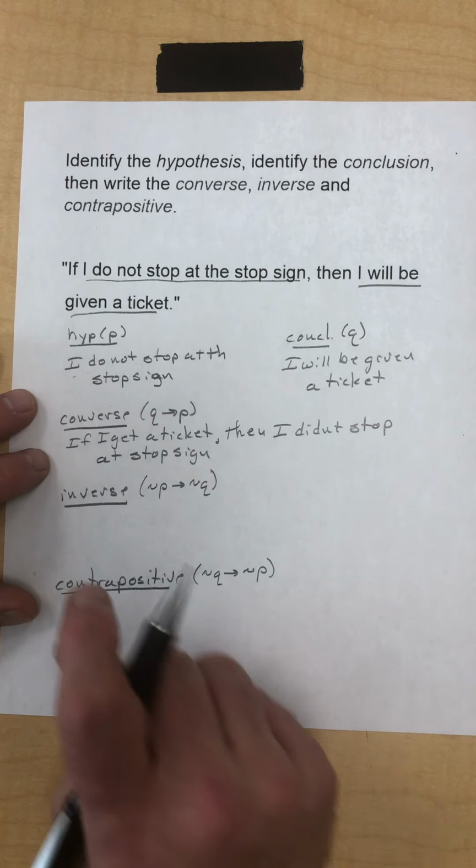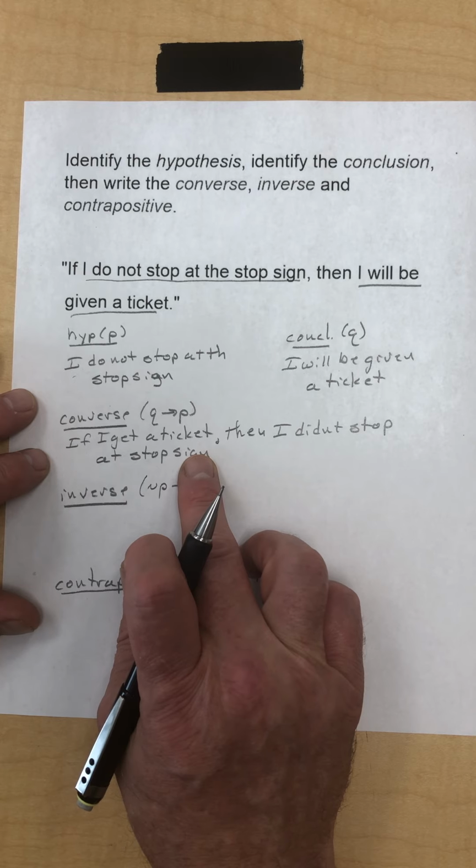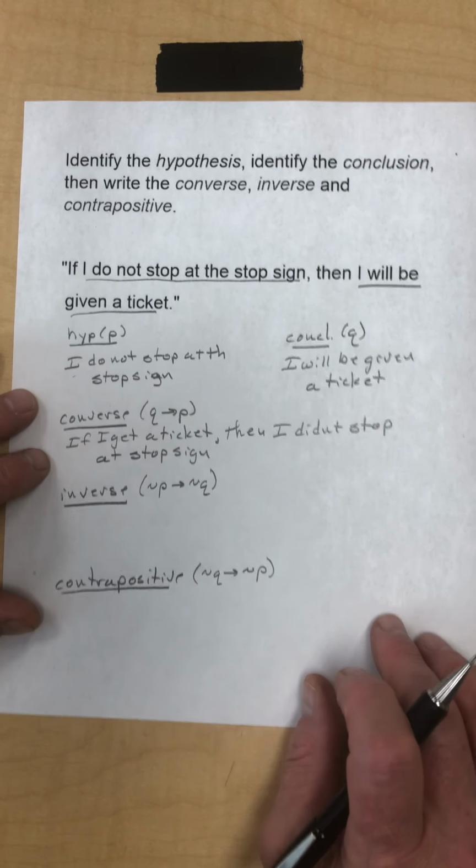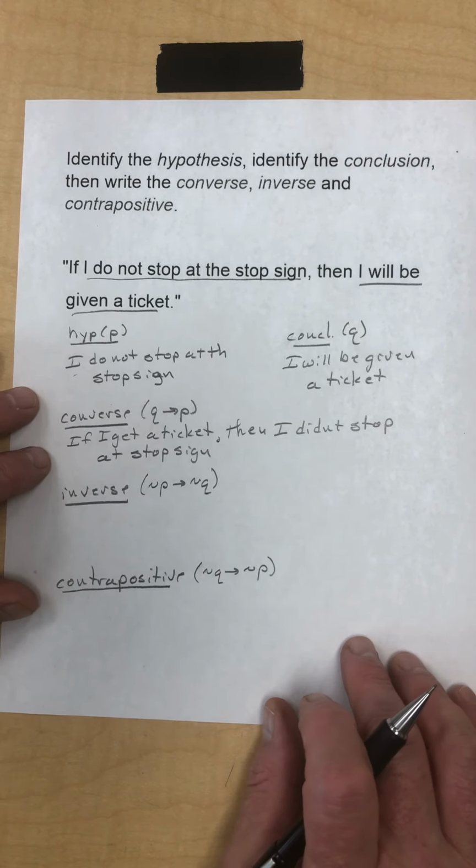Now, that would be false. Let's suppose if I got a ticket, maybe it was because I was speeding, not because I went through a stop sign, so that would be false.